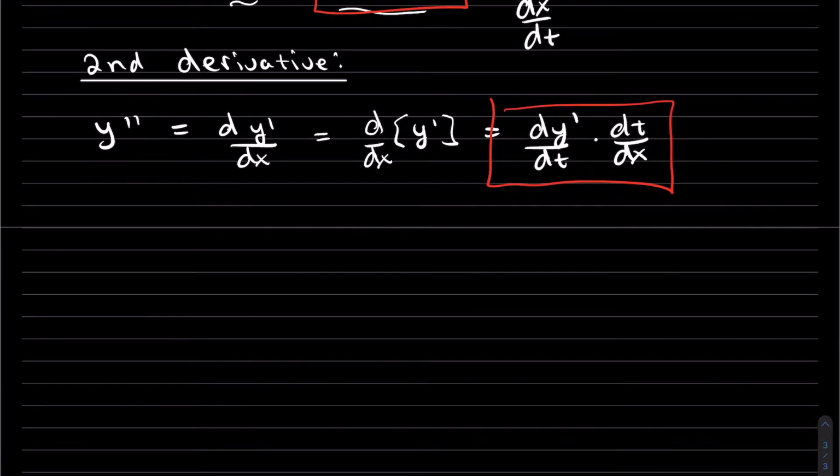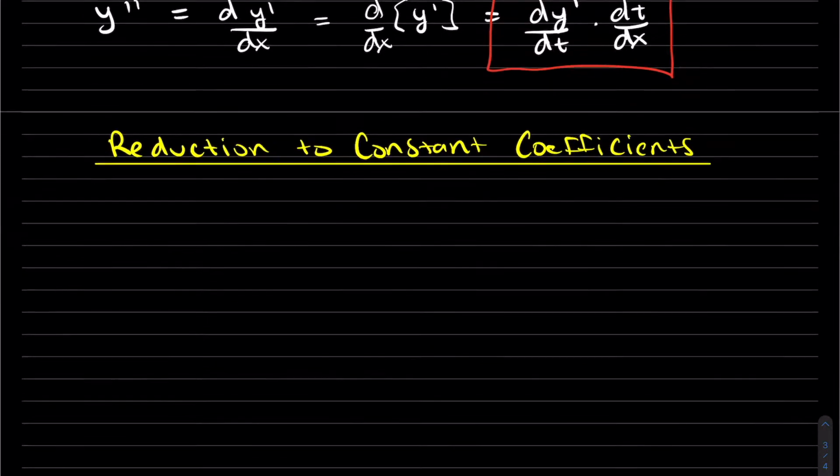Okay, so here's our new method. Reduction. Our substitution that we're going to use is x equals e to the t. Basically, if I take the derivative with respect to t, dx dt, that is e to the t.